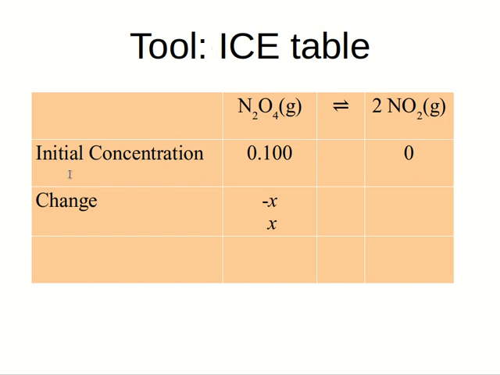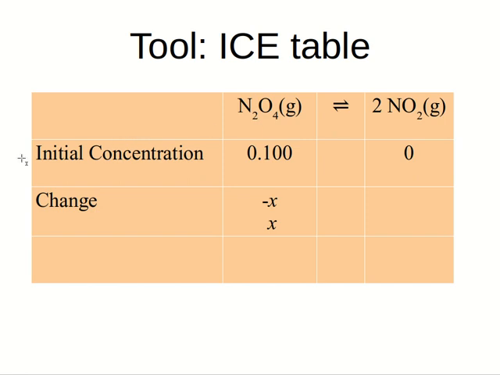The second is the initial concentration, which makes the I. Then comes a change, which is the C, and then an E, which will be the equilibrium concentration down here. So the first row is always the reaction. Don't forget that. Always write down the balanced reaction at that point. The balanced reaction is critical.